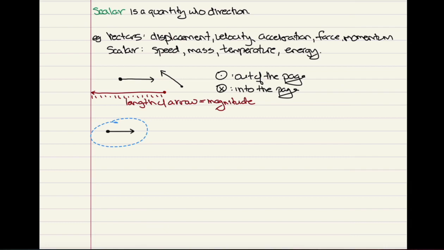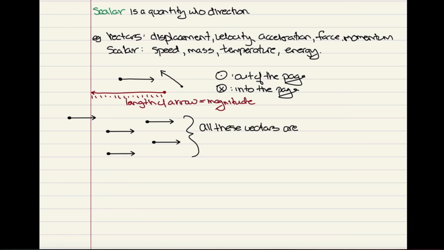With displacement, it's easier to imagine: that arrow is telling me how much displacement has occurred and in what direction. This arrow, this arrow, this arrow, this arrow are all the same length and all pointing in the same direction. We would say all of these vectors are equivalent.